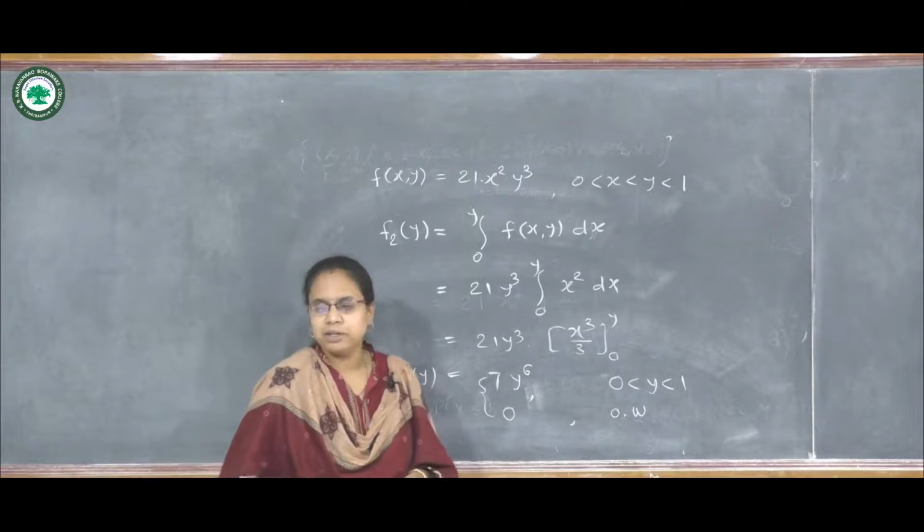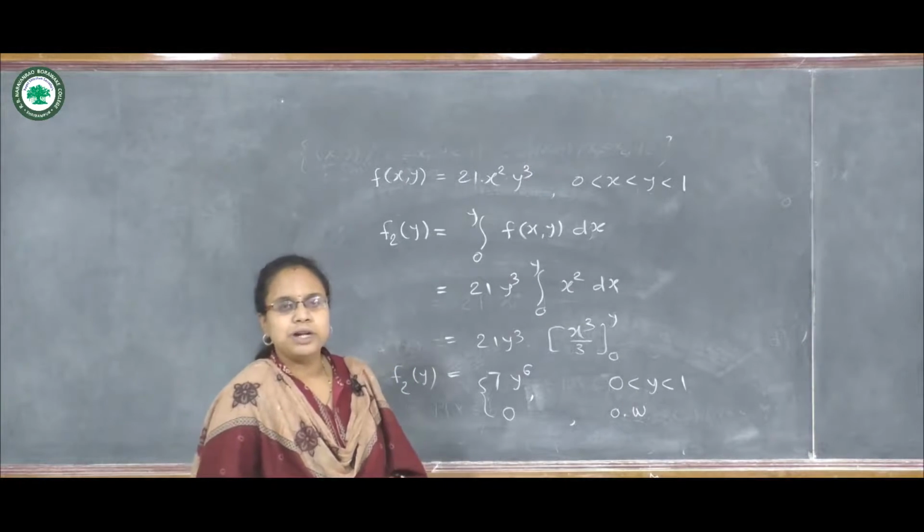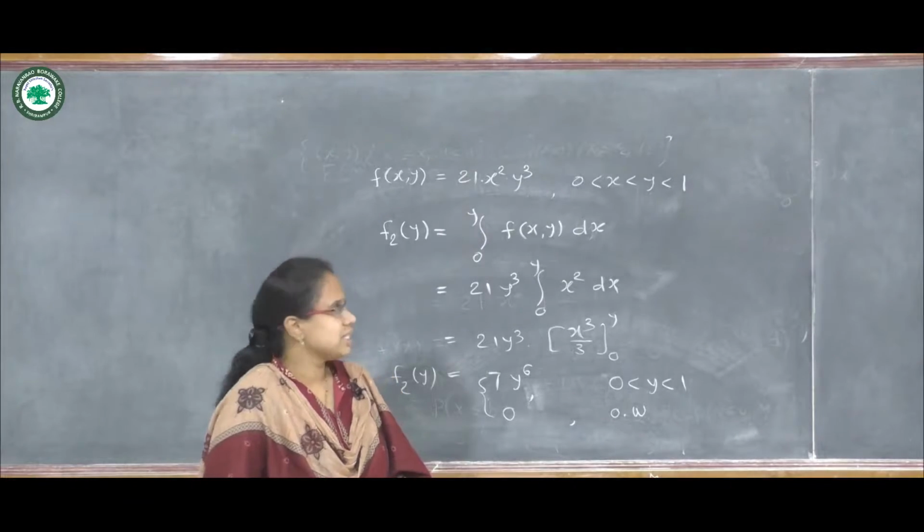So here we have learned about the marginal distributions and their example. The next point is the conditional distribution of x and y.